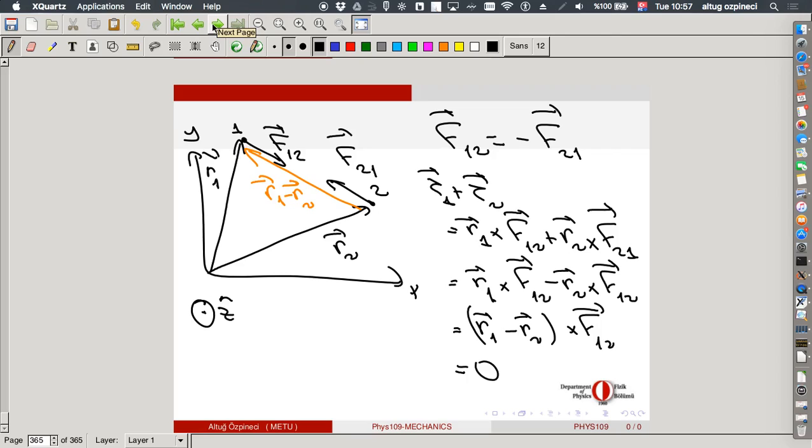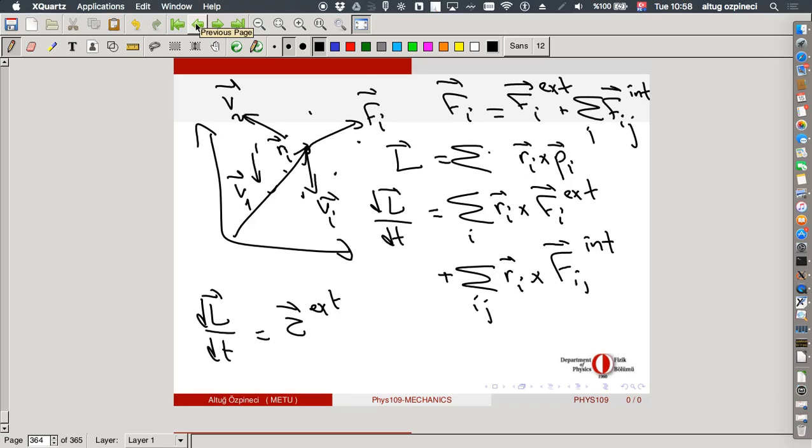And hence the rate of change of the angular momentum will be determined only by the external torque. And if there is no external torque acting on my system, then the rate of change of the angular momentum will be 0. So we have a conserved quantity.